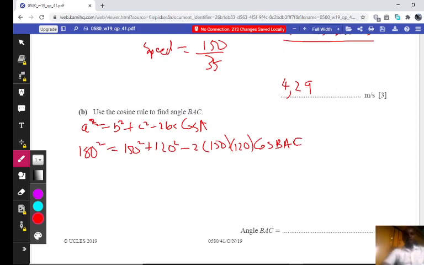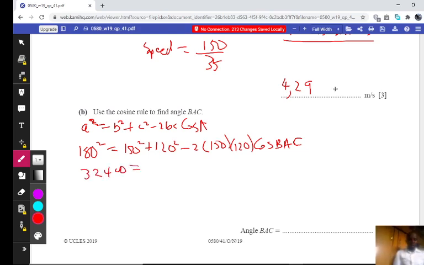Then you have to simplify this one. Right, in your calculator, let's start with 180. 180 squared, you get 32,400.